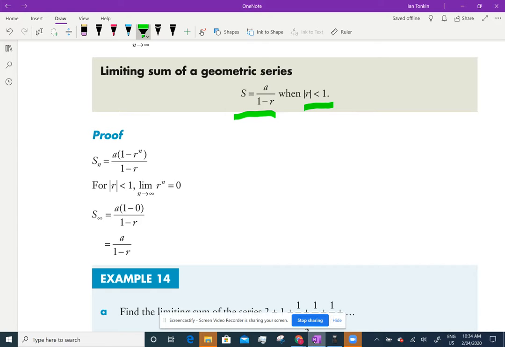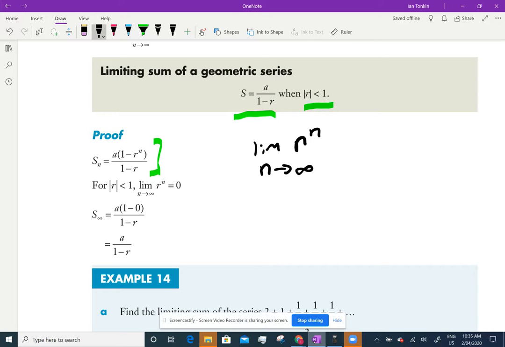So how do they do it? Well, here's our formula for any series. And you notice that they've taken the second one, where r is a fraction between -1 and 1. Now, what you need to know is that for any fraction r, the limit of r to the n as n approaches infinity is 0.